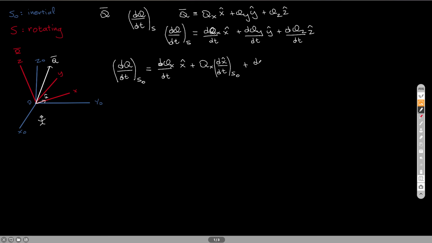And then I have to do the same for the rest: dqy dt y hat plus qy dy hat dt, and this derivative will be from the inertial frame of reference, and the same thing, dqz dt z hat plus qz dz hat dt in the inertial frame of reference.